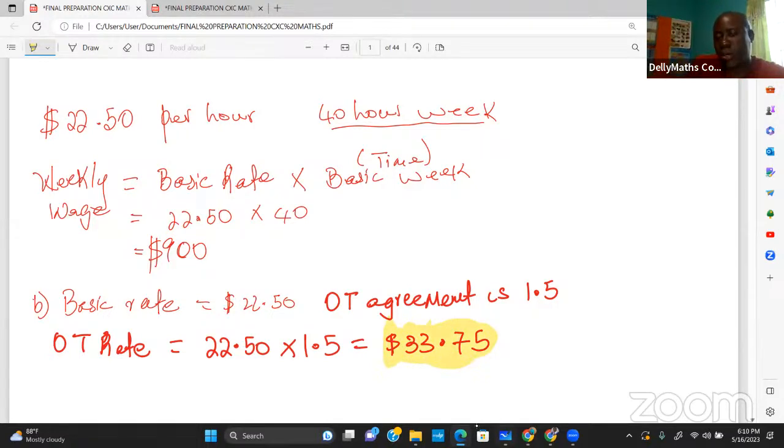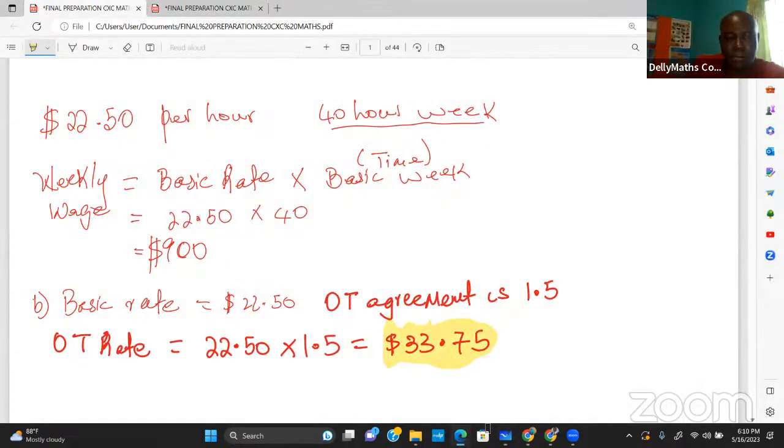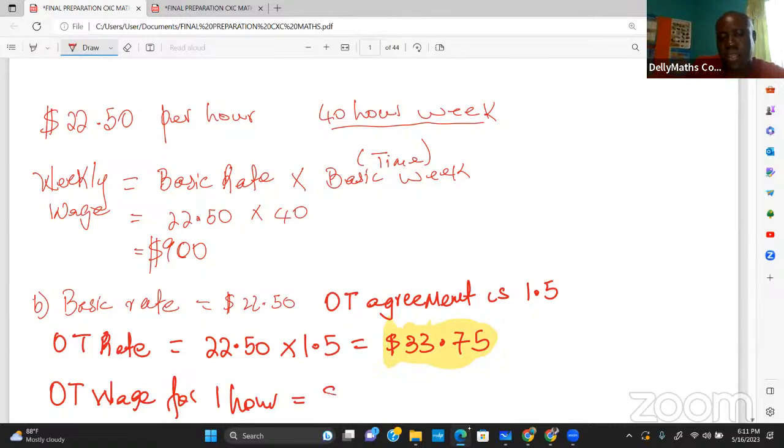So look at what the question says. Calculate the overtime wage for 1 hour. It's going to be the same thing here, all right? Because it's just 1 hour. So you want to say that my overtime wage for 1 hour is just going to be $33.75, because that's the amount I'm working for 1 hour in overtime.